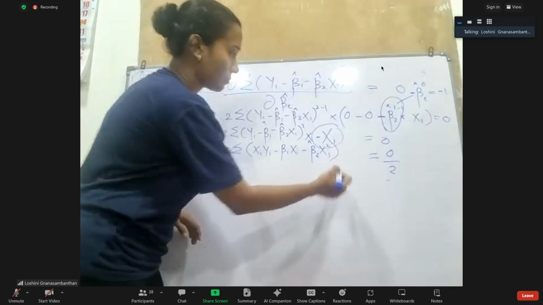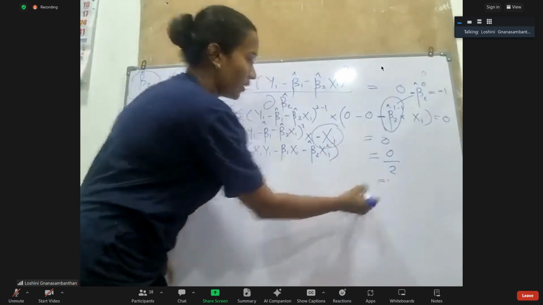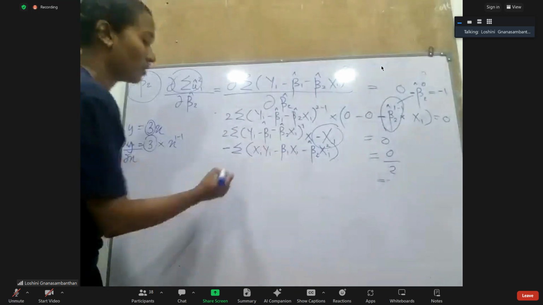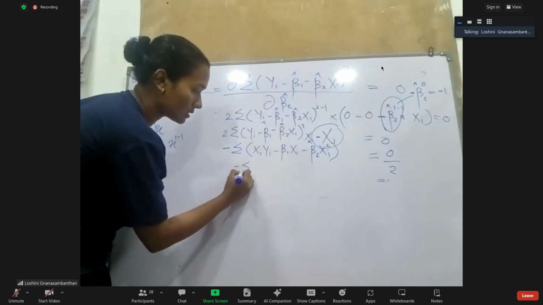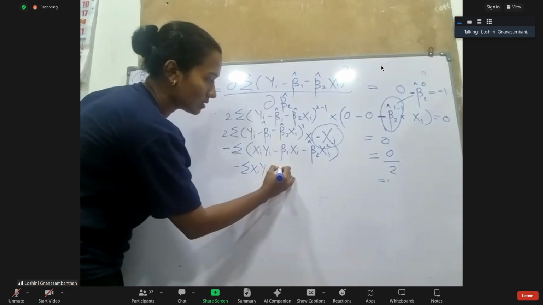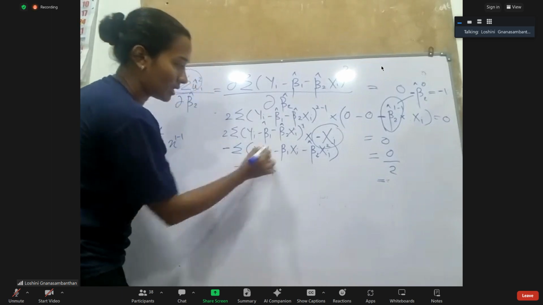Okay. Now we are going to remove this minus by multiplying the inside things, right? So minus sigma xi yi, minus, sorry, plus, minus and minus plus.